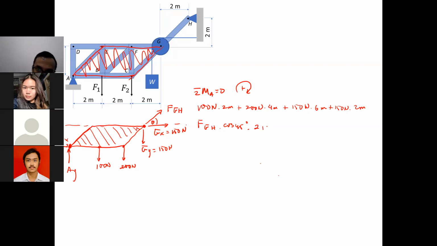And then we have FGH sin 45. But that one will give a counterclockwise direction, so it's supposed to be negative. FGH sin 45 degrees. And what is the moment arm there? 6 meter, correct? Because it will be the same as GY, right? Yep. And everything will be equal to zero.